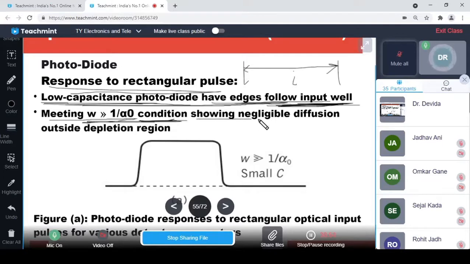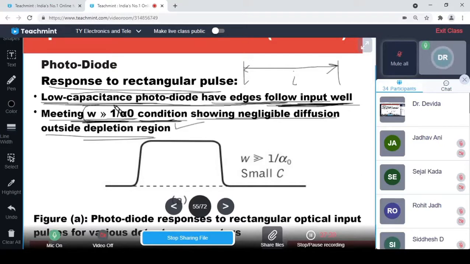So if this is the condition met by the device, W very large than 1 upon alpha 0, then there is negligible diffusion outside the depletion region. Diffusion is not there, negligible or zero. So the diffusion process is avoided by this condition.